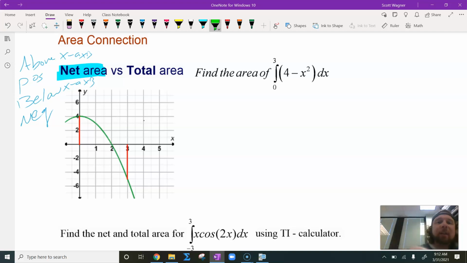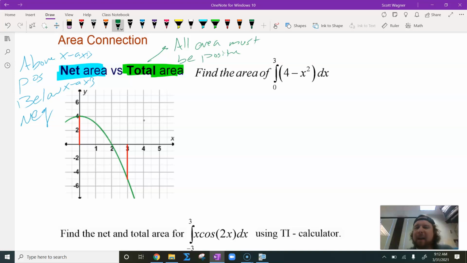That's what we've been kind of working with. There's another thing called total area. Total area is kind of just regular old area, kind of geometrically speaking. Total area, we're going to say all area must be positive.